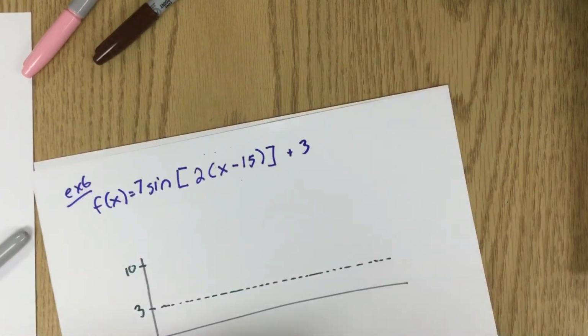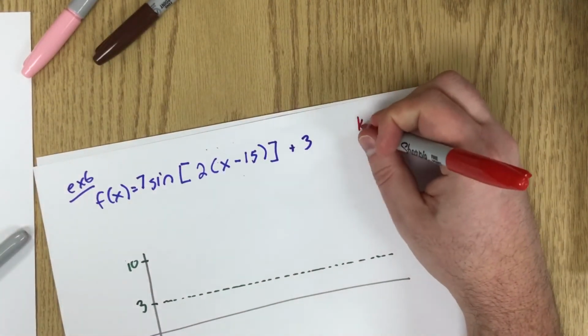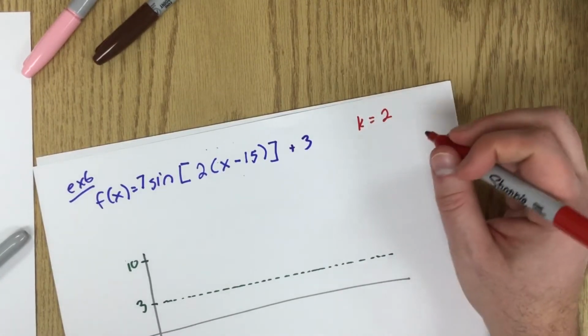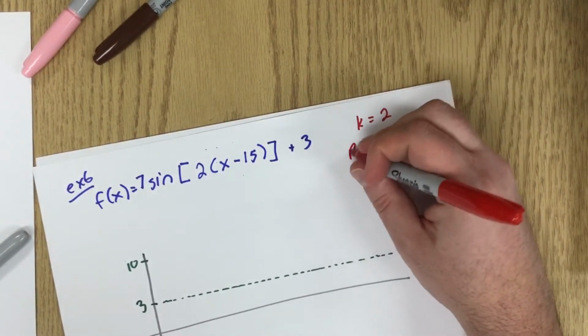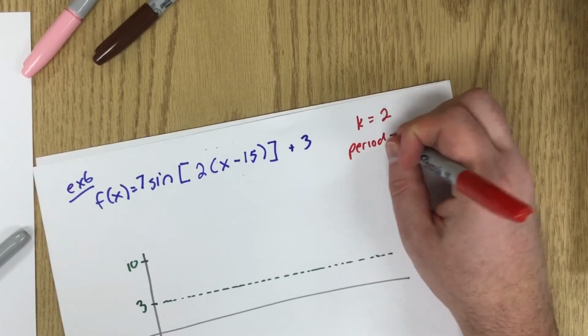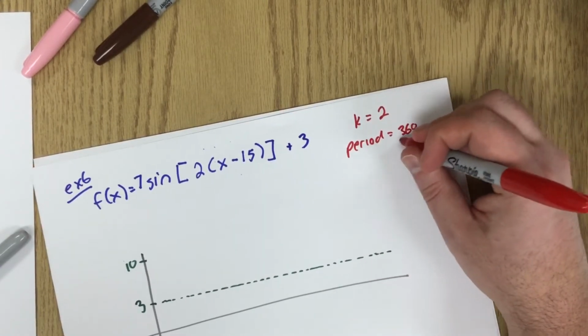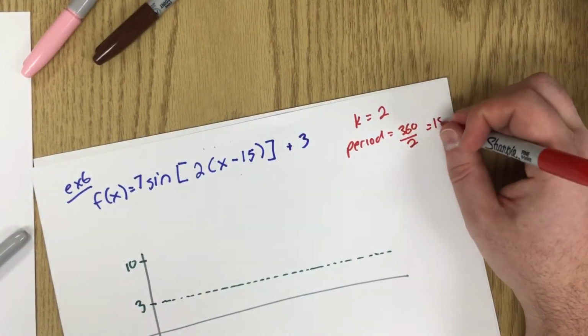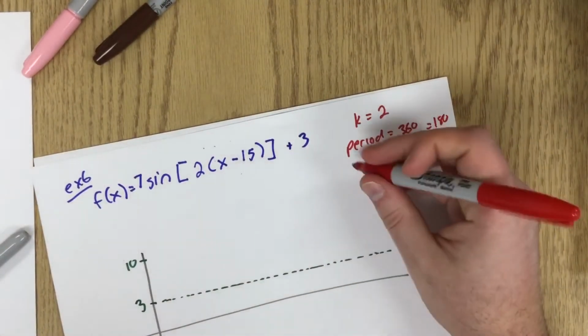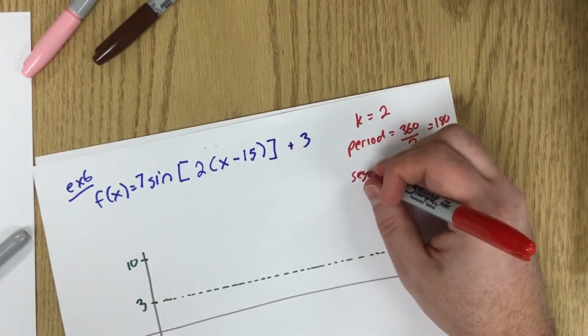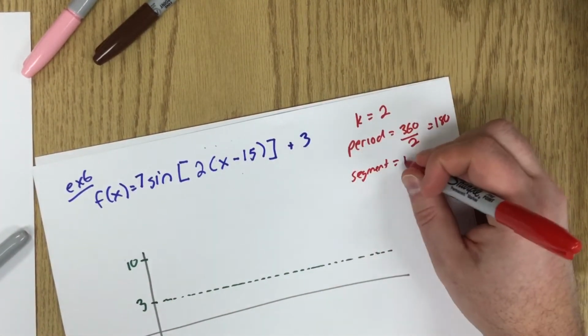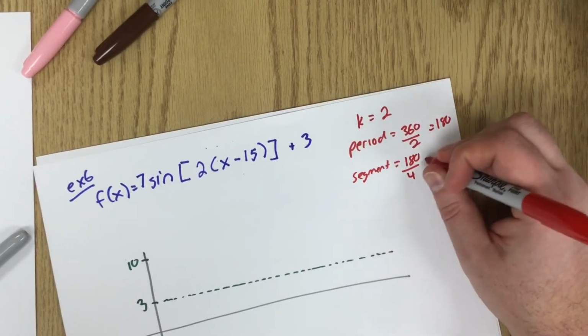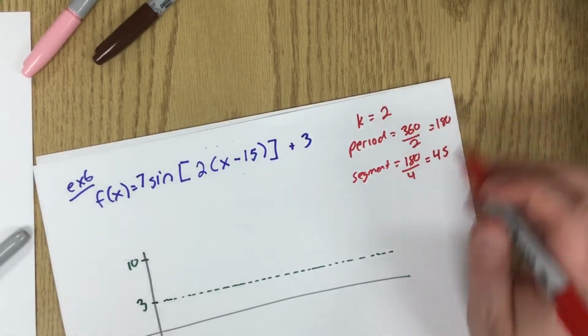Now, the k value here is 2, which means that there's going to be a horizontal compression. The period is going to be 360 over 2, which is 180, which means that a segment is going to be 180 over 4, which is 45.